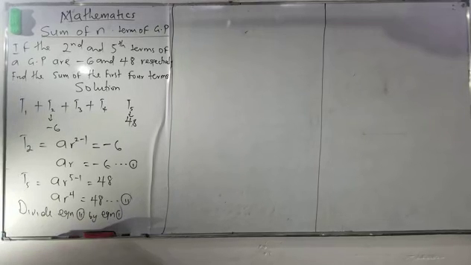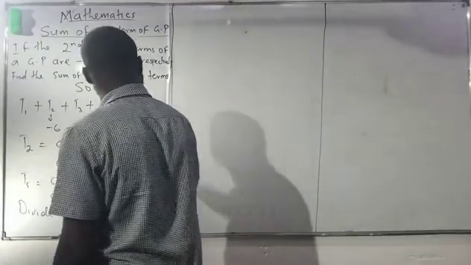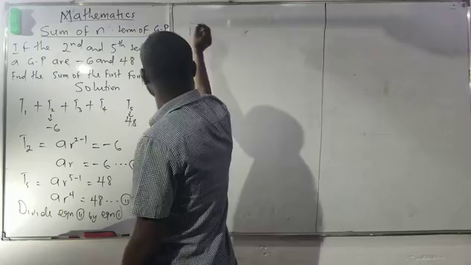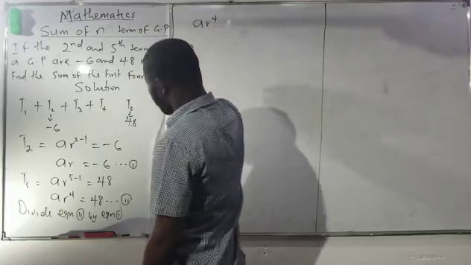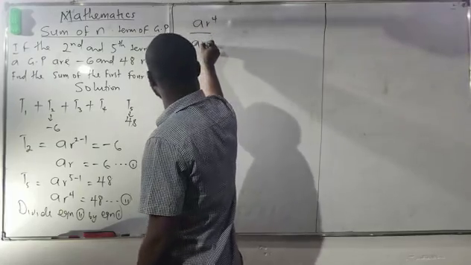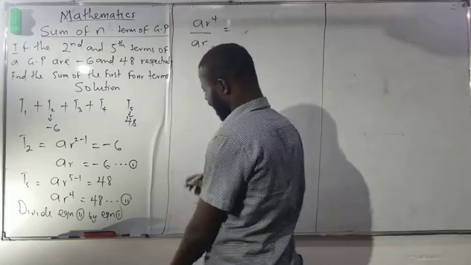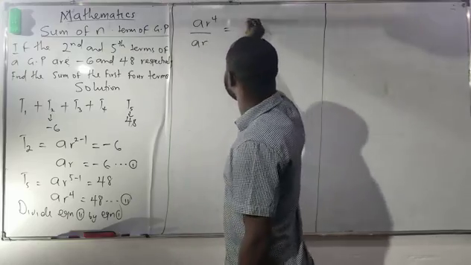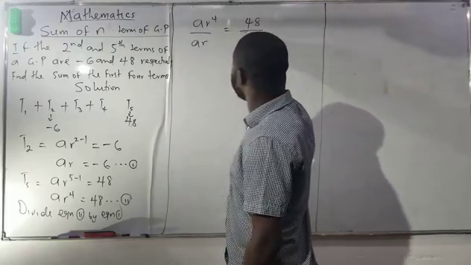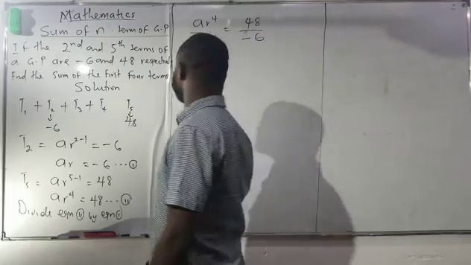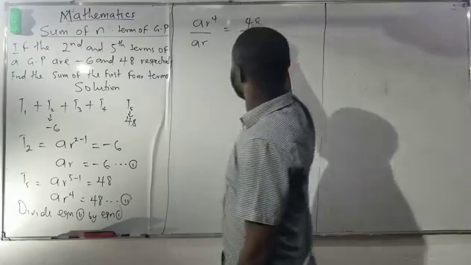Now, what is my equation 2? My equation 2 says that ar raised to the power 4 divide ar raised to the power 1, which is equals to 48 divide minus 6. That is equation 2 over equation 1.